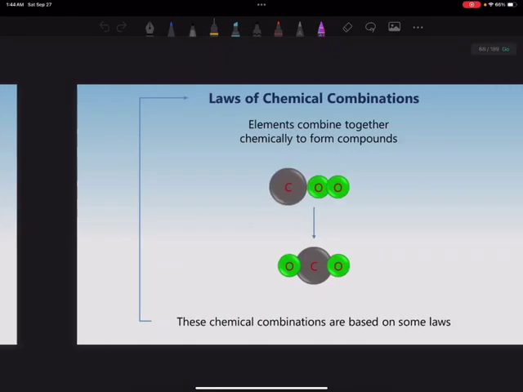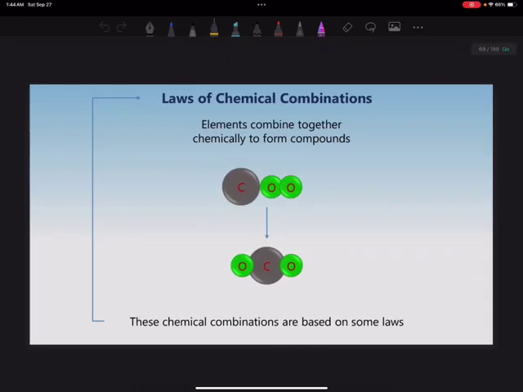So let's get started. Laws of chemical combination: for example, when there is a particular reaction, A plus B gives C plus D under heating at temperature 273 Kelvin.